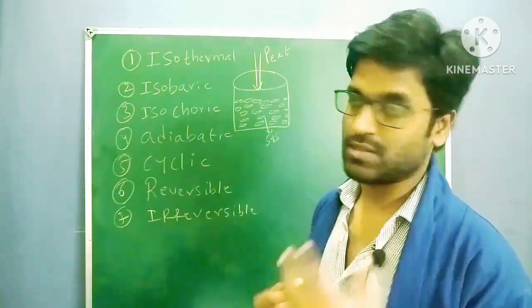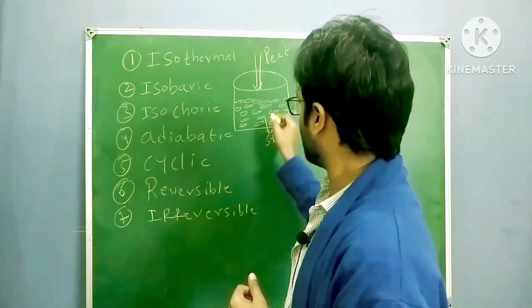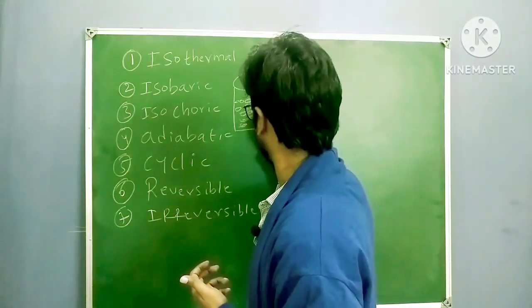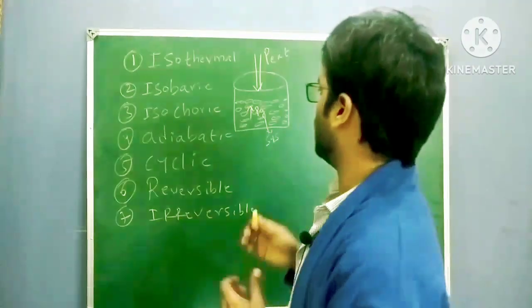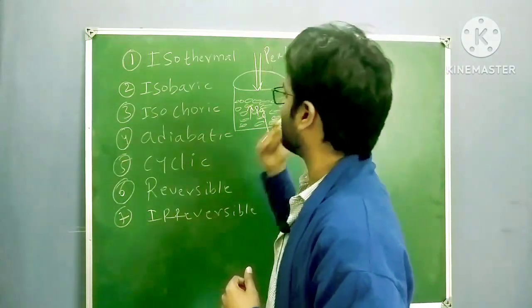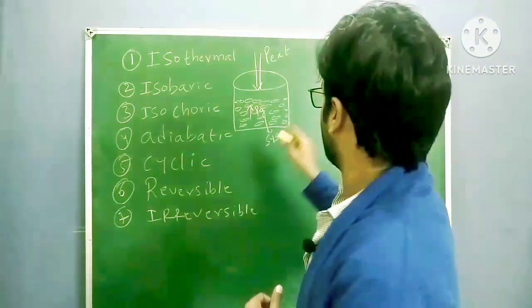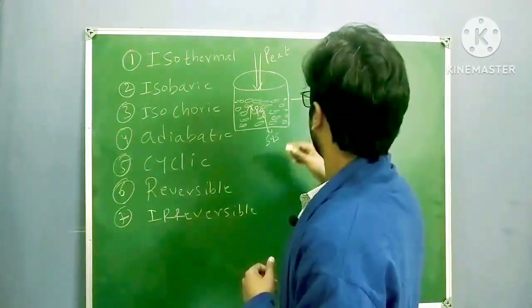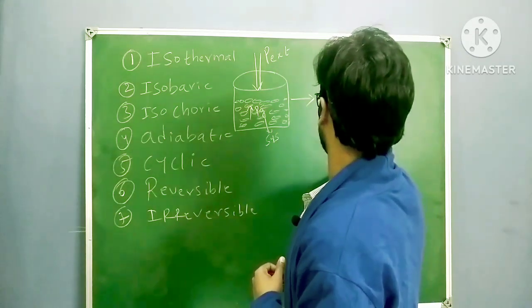Already the gas has some internal pressure, P gas, the pressure of the gas. Now when I'm applying some pressure from the surroundings, this system state is changing. How? Because if external pressure is greater than internal pressure, compression takes place.